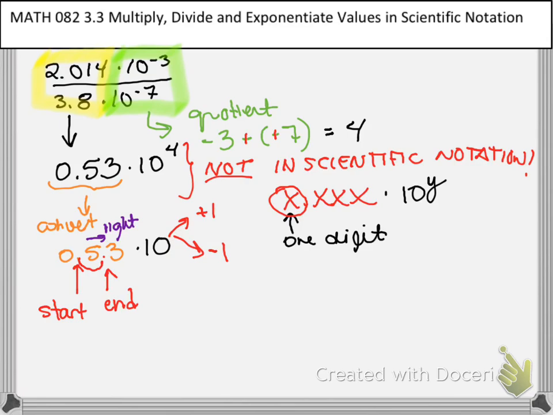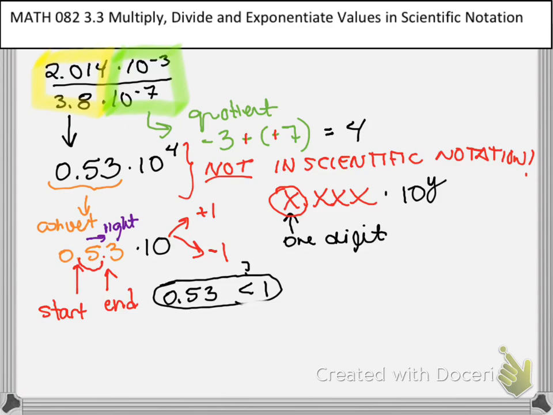So, to me, a more robust way of thinking is just to simply ask yourself, okay, 0.53, is it less than 1 or is it greater than 1? Which one is true, right? And if you think of it in terms of money, 53 cents is less than $1. So this is less than 1.